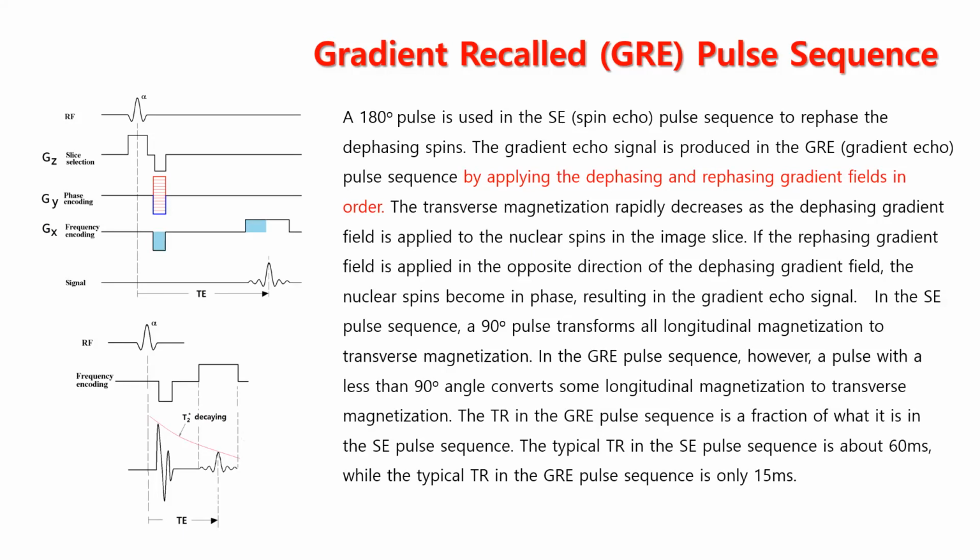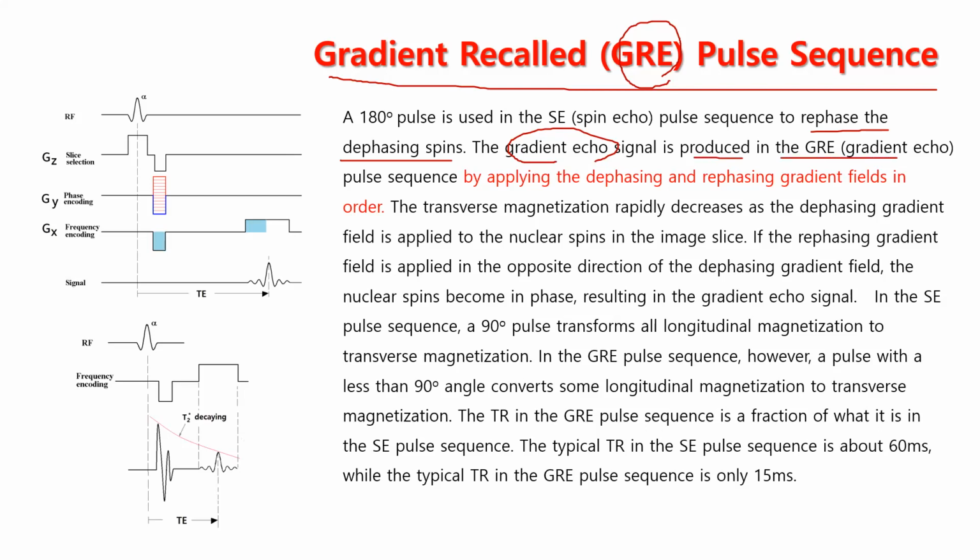Now let's first see the gradient echo pulse sequence, the GRE pulse sequence. The 180 degree pulse is used in the spin echo pulse sequence to rephase the dephasing spins. On the other hand, the gradient echo signal is produced in the GRE pulse sequence by applying the dephasing and the rephasing gradients in order.